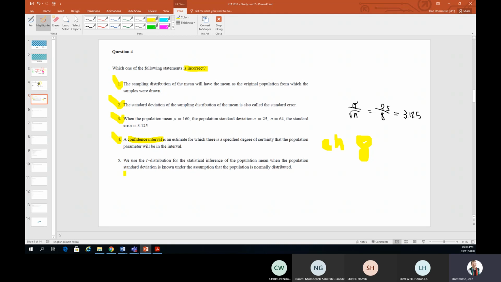We use the t-distribution for the statistical inference of the population mean when the population standard deviation is known. Okay, so that one is wrong, because we use the t-distribution when the standard deviation is unknown. So that is just important.